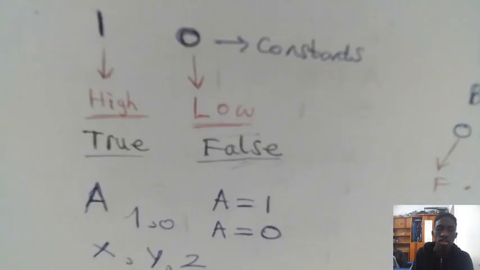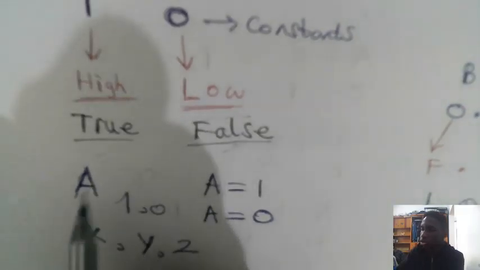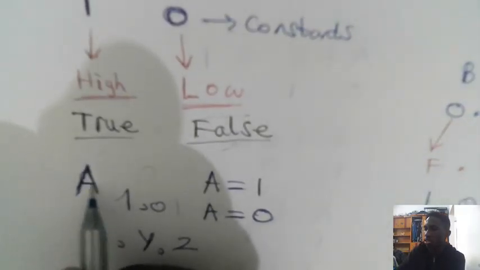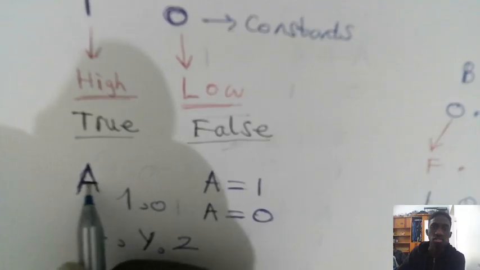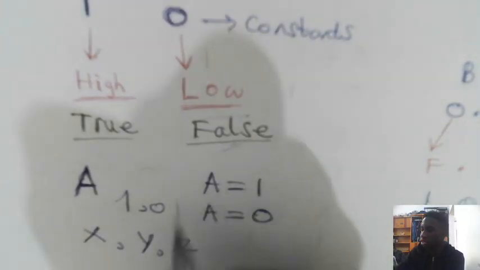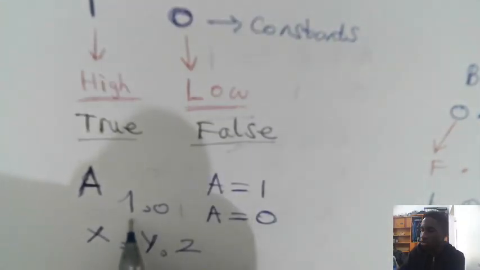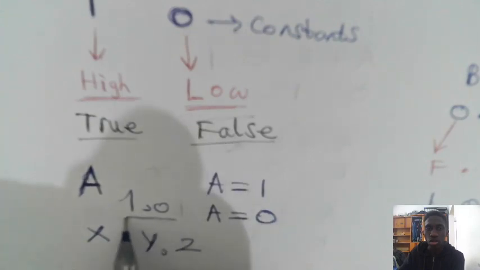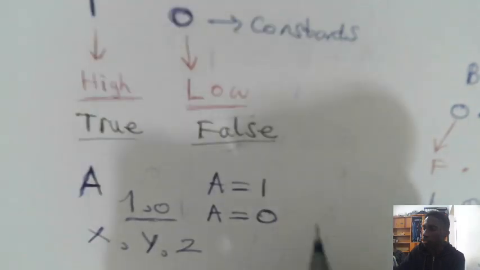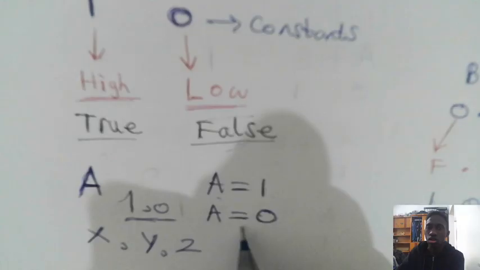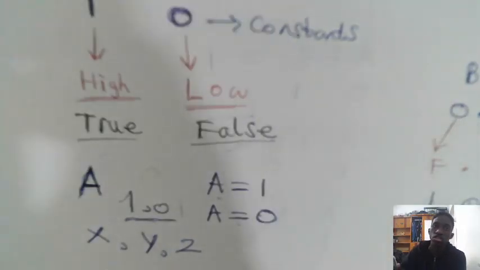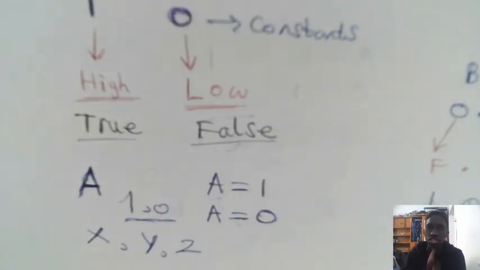And just for an illustration, a capital letter, for instance, can represent a variable. And that variable can take on values like 1 or 0. So that means A can take on 1 or A can take on 0 because it's not a fixed value. It can change.